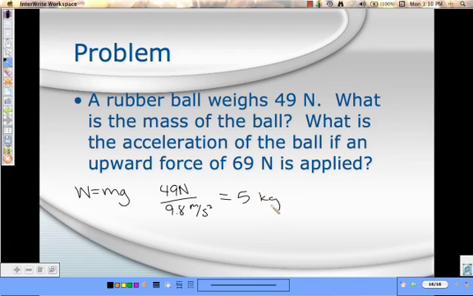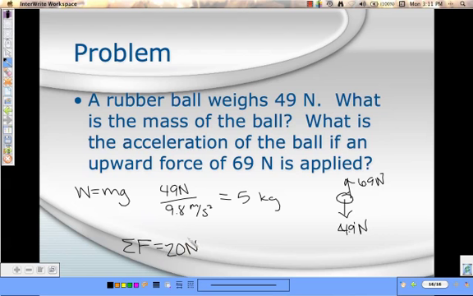5 kilograms. What's the acceleration of the ball if an upward force of 69 newtons is applied? If we have a ball, we have a 49 newton force downward, because that's the weight. And we're applying a force upward of 69 newtons. What's our net force? 20, right?